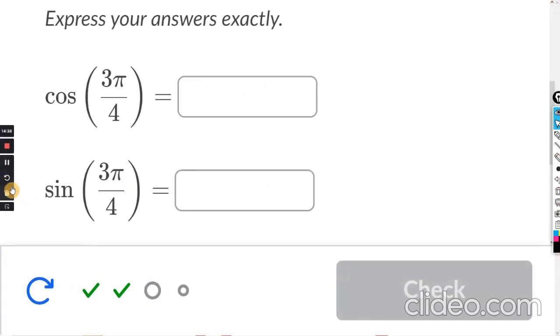All right, let's do one more. Okay, now for this, since there's a pi in the angular measurement, obviously these are in radians. All right, I would translate that to degrees. So we know that pi radians equals 180 degrees.